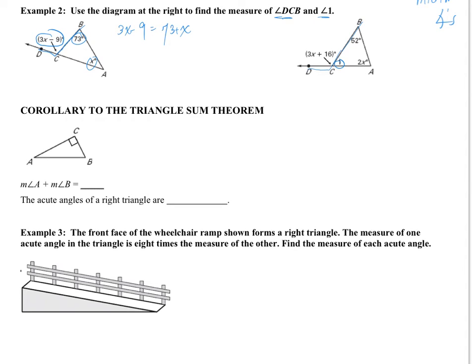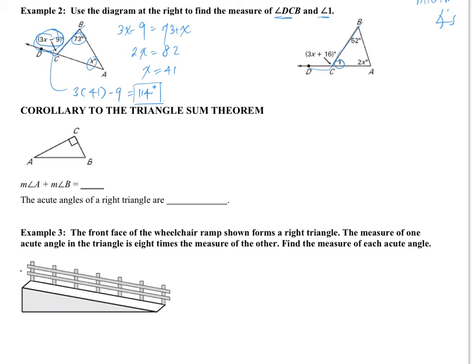And then I'm going to solve for x. And then x would equal 41. And then I'm going to take this variable expression here and evaluate for x. And this would be 114 degrees.